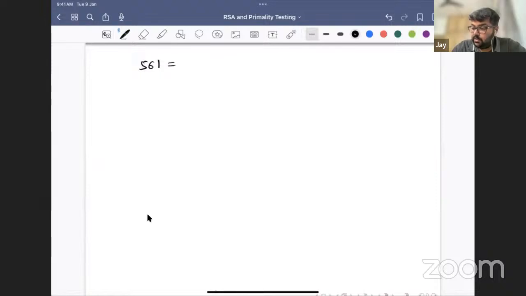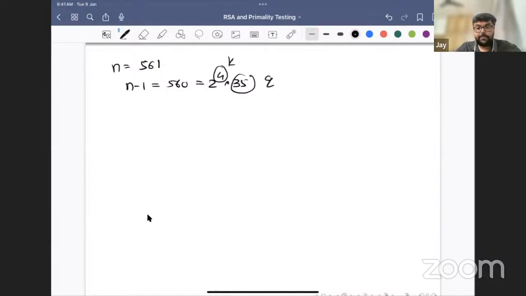But here we take n equals 561. What we do is n minus 1, 560, which is 2 raised to 4 into 35. So our k is 4 and our q is 35. Let us check a equals 2, whether 2 is a witness or not.